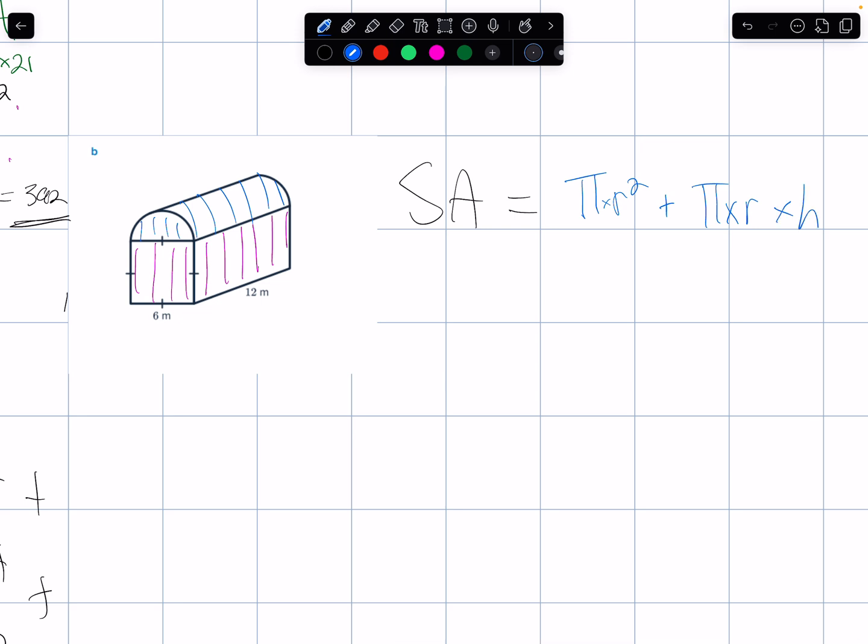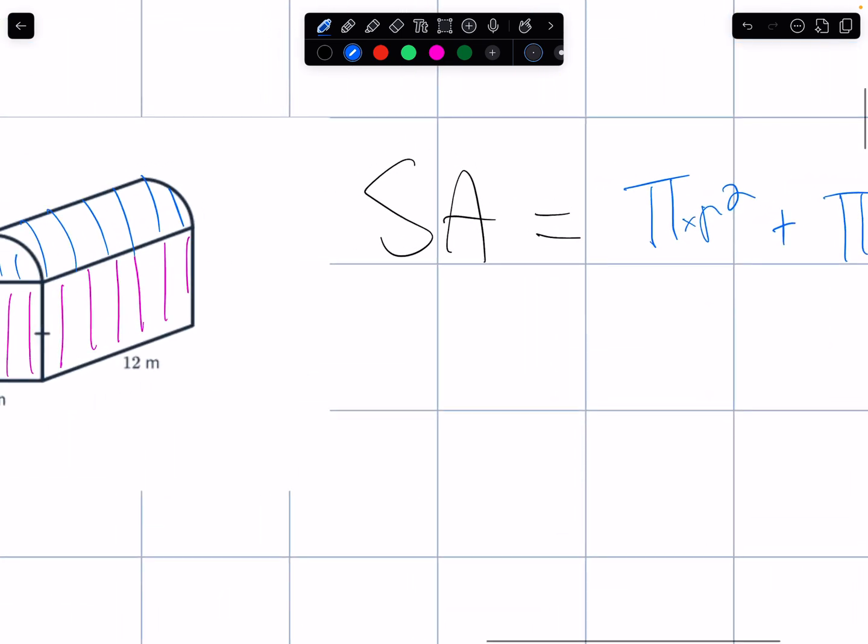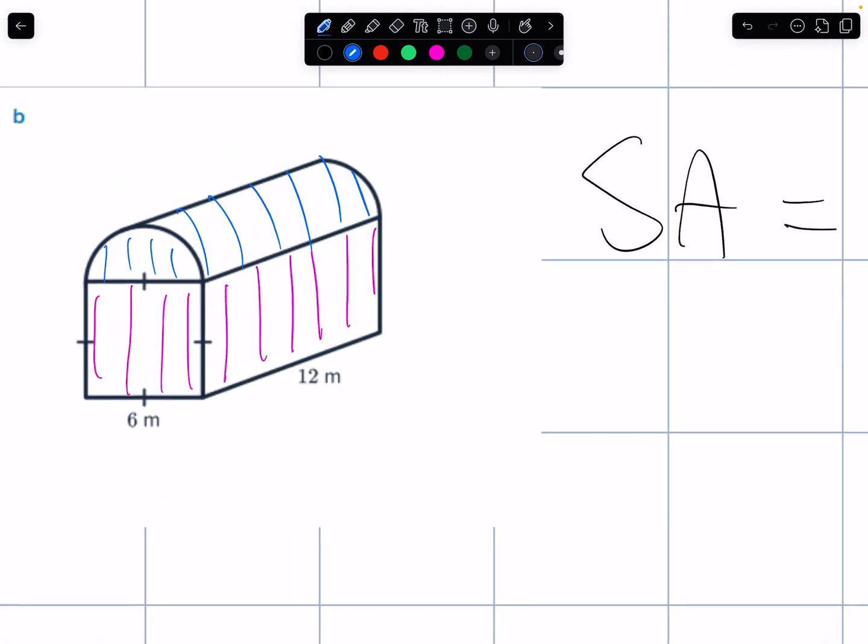Now, generally, for a circle, right, this would be 2 times pi times r squared plus 2 times pi times r times h. Now, because it's a half cylinder, half of 2 is 1, and so you don't need to incorporate it, right? But it's important to note that pi times r squared is the area of a circle.